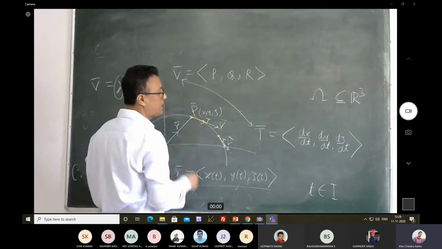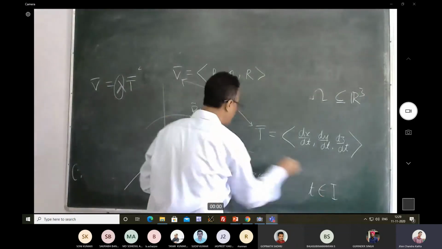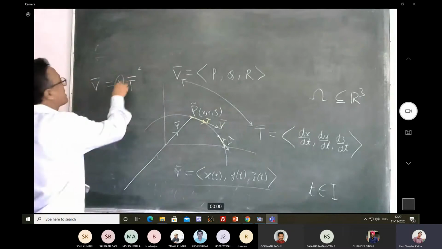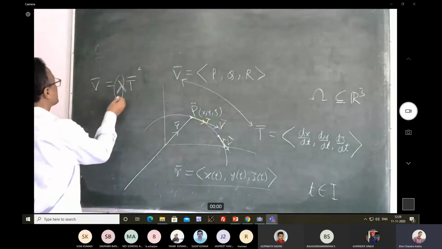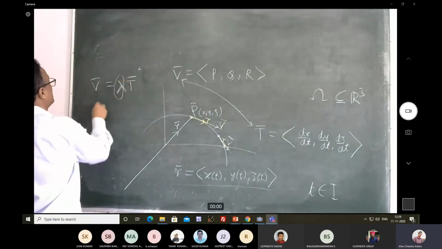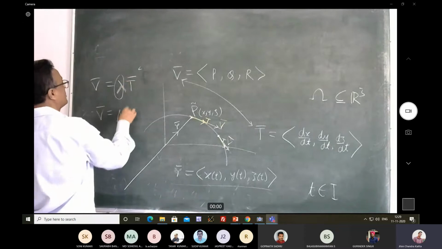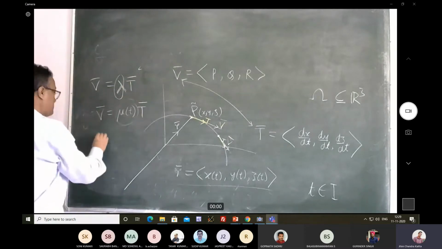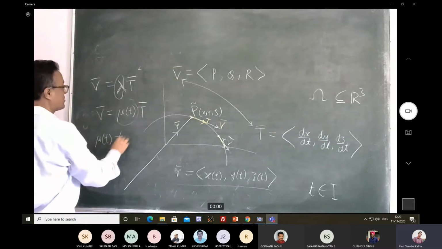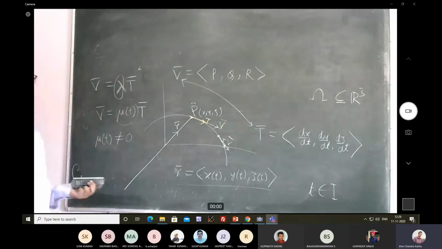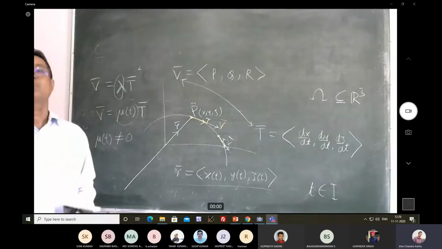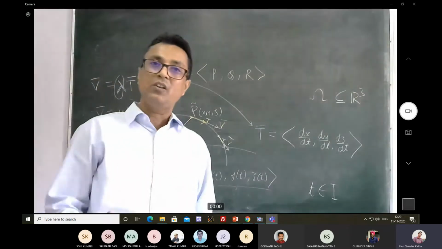So depending upon the value of t, this lambda will be decided. So V is simply mu(t) times T, some function mu(t), and mu(t) has to be non-zero. Definitely it has to be non-zero because I don't want the tangent to be vanishing here. Is it all right?